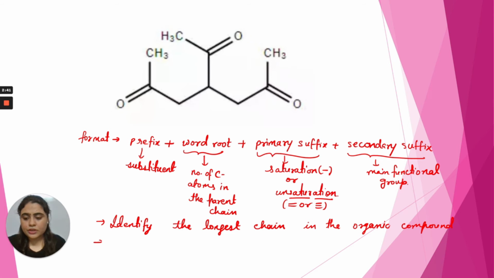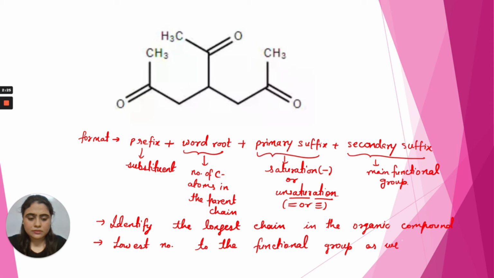Then we need to see that we are giving the lowest numbers to the functional groups as well as the substituents. So these two things we need to keep in mind.